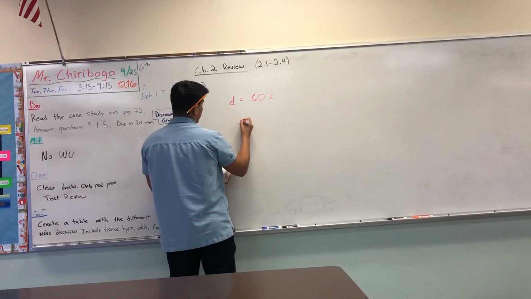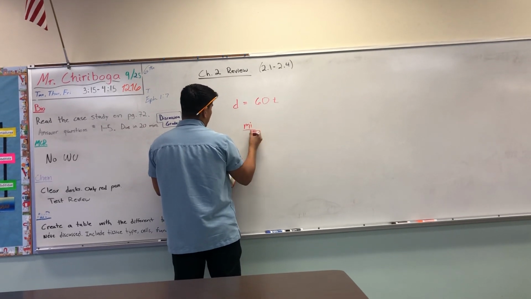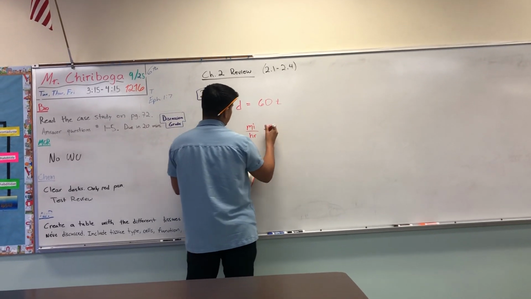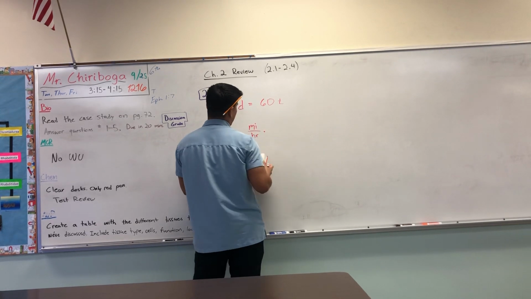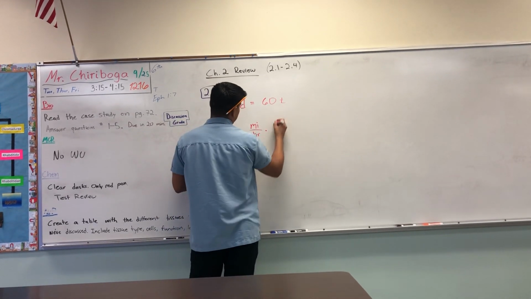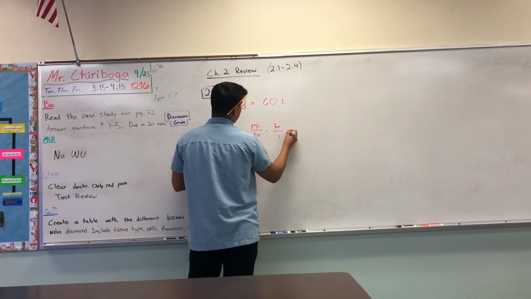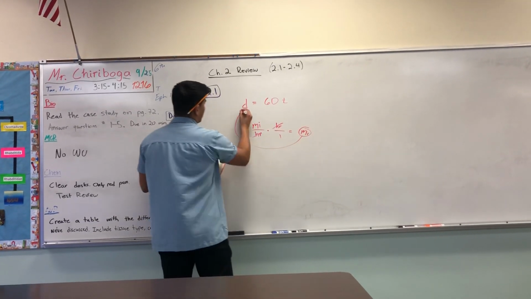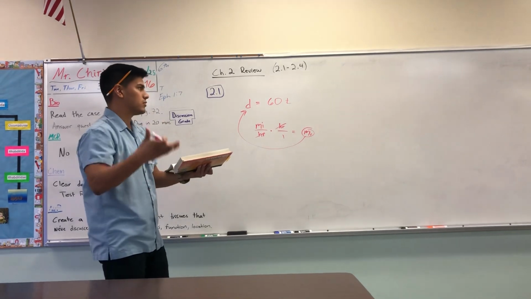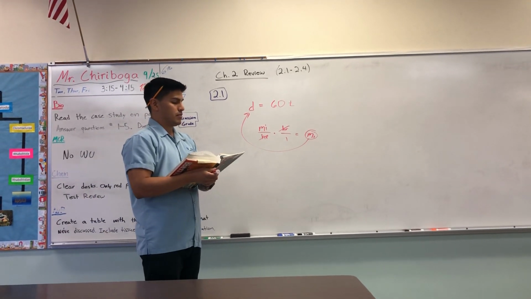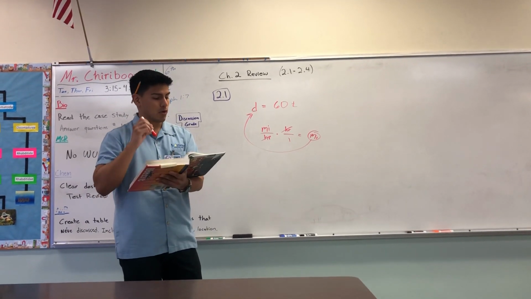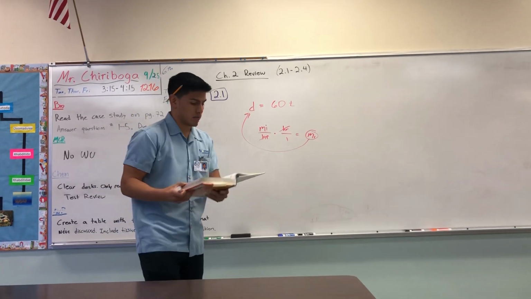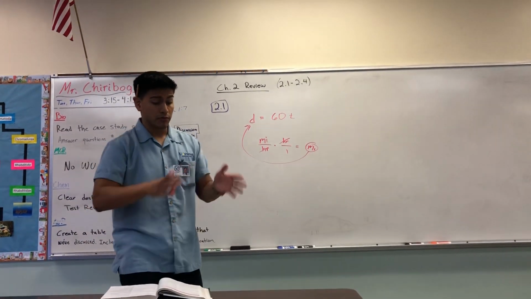Since 60 stands for miles per hour, and t is hours, the hours cancel out and you end up with miles, which points back to distance. So d equals 60t. That is the expression for the distance traveled in t hours if the average speed is 60 miles per hour. You have to be able to do that.